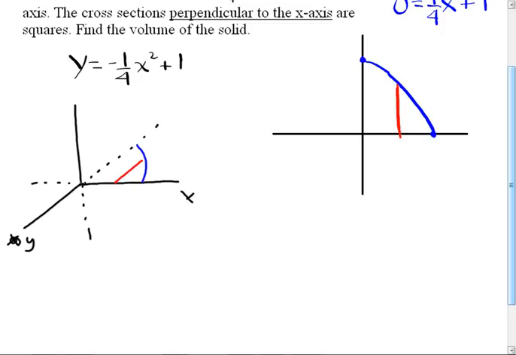They're perpendicular to the x-axis, and these are squares. And this one down here is even smaller. And if you were to connect these corners here, then it starts getting messy. You can kind of see a solid coming in there. It's like a bike helmet. You know how they come to a little point? It's coming in like this.